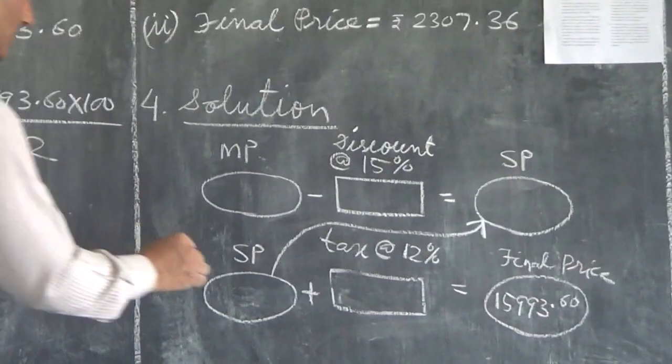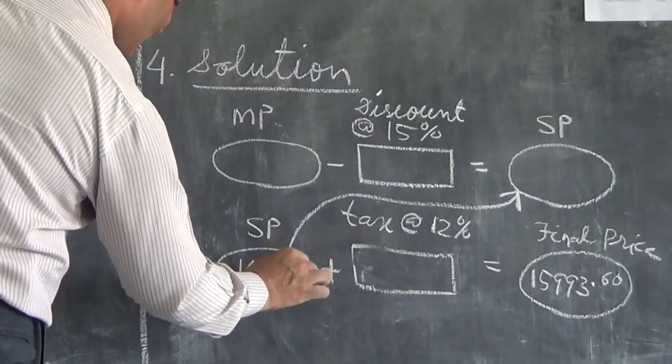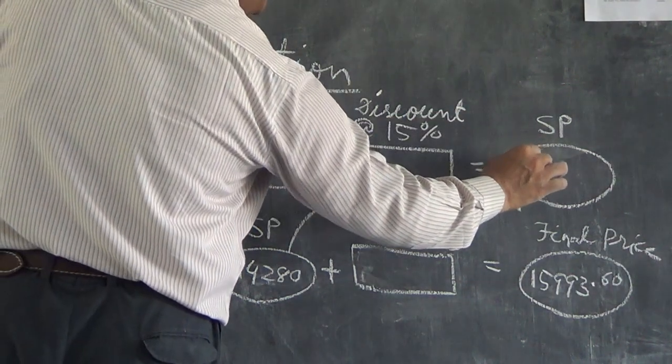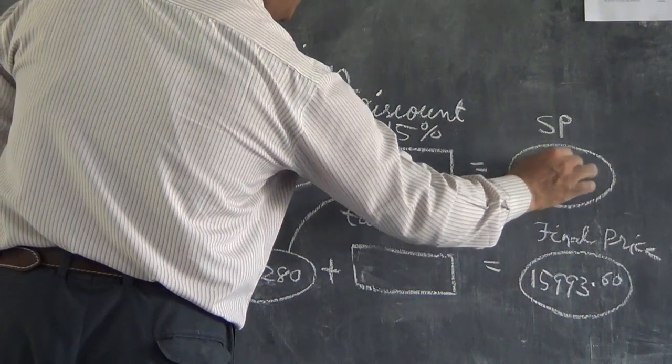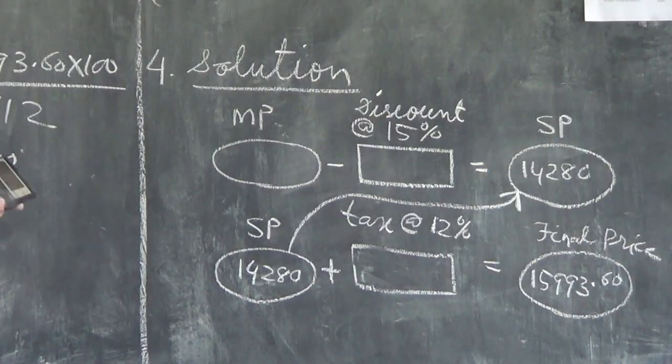This is 14280. We got the SP here, and this SP will flow here. I had told you 14280. And now with the help of this one, we can find, children, we can find MP again.